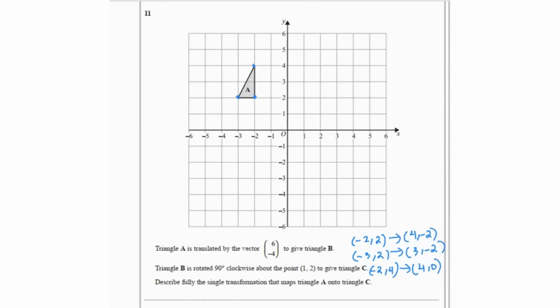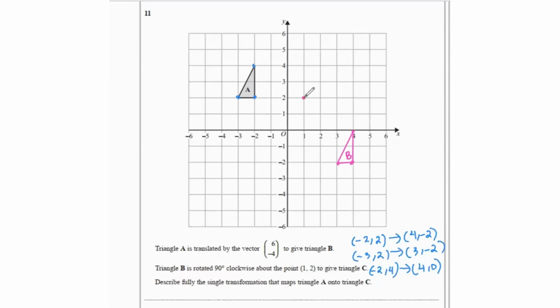So if you plot these, (4, negative 2), (3, negative 2), (4, 0). So this triangle B is 6 units to the right and 4 units down. This is B. Then they're asking us to rotate B 90 degrees clockwise about the point (1, 2) to give triangle C.